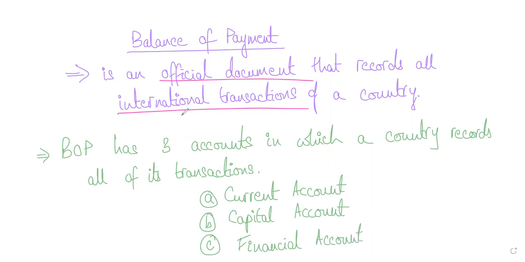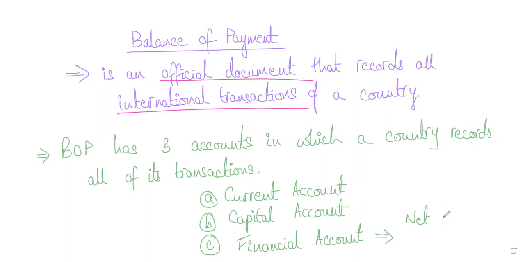Okay, perfect, great. Net errors and omissions. That's a very good question. That's another section of balance of payment, but oftentimes, net errors and omissions is sometimes considered as a separate section of balance of payments, but most of the times it is considered as part of financial account.